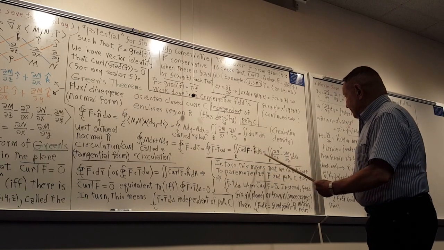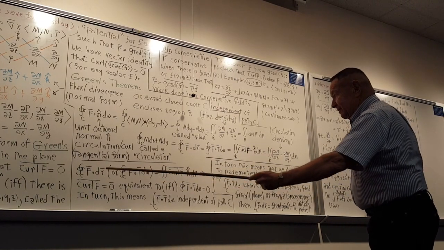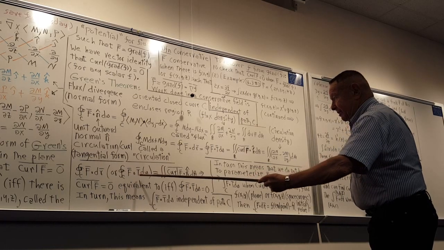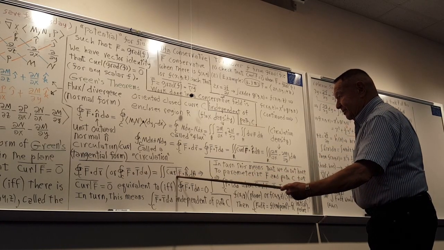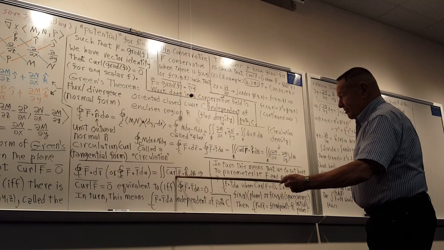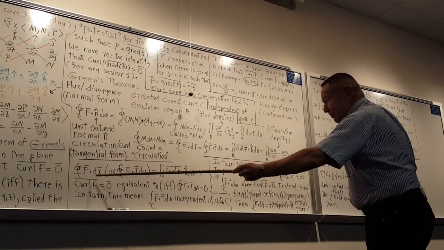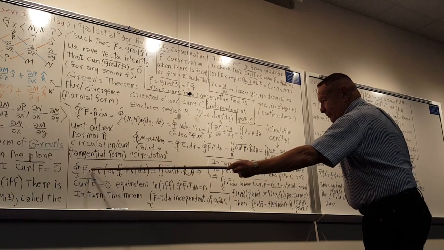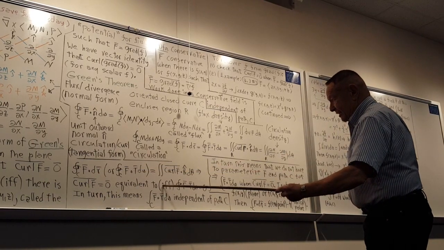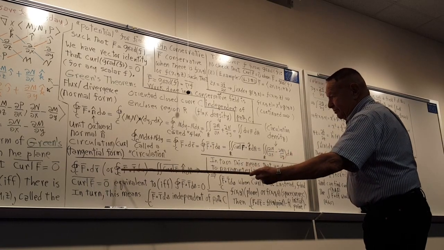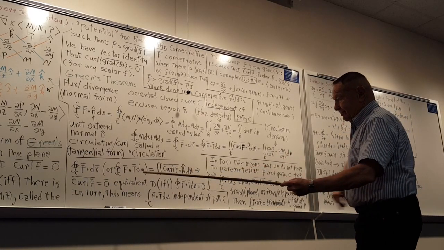In particular, if you're looking at this one, if you have the line integral around the closed curve equal to the curl, then curl F is 0, so that this integral is 0 if and only if one of the other ways you write this integral is 0.